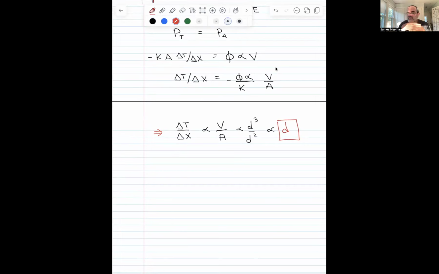There's actually a trade-off here. We want to maximize D to maximize this temperature contrast, dT/dx.